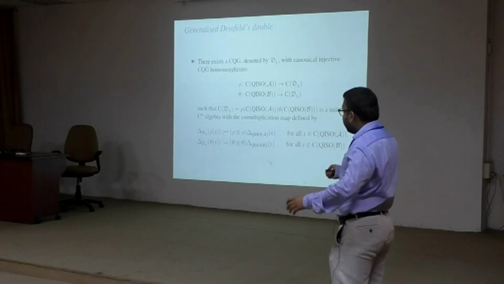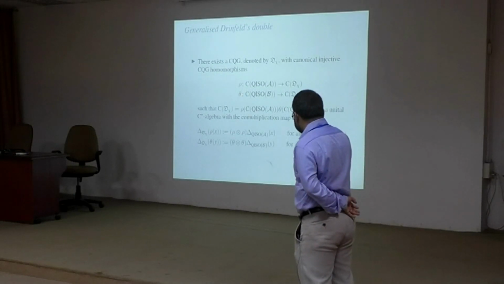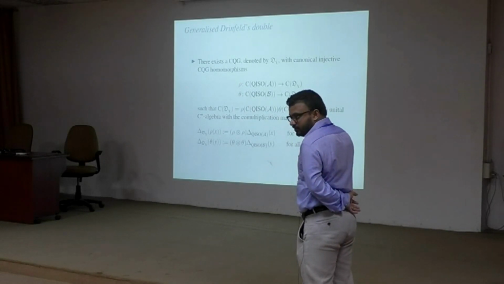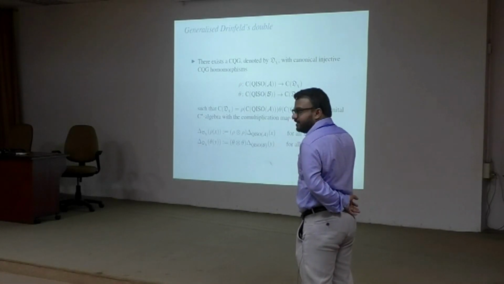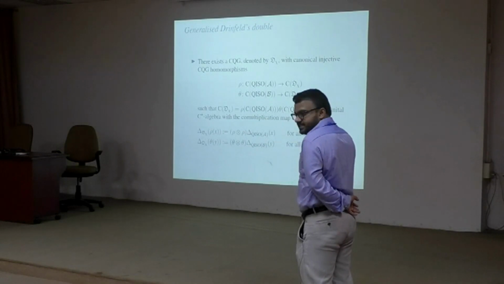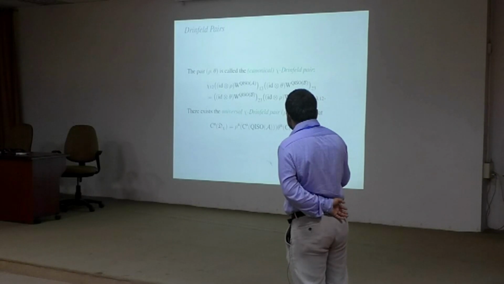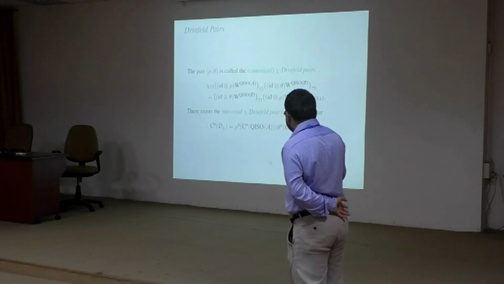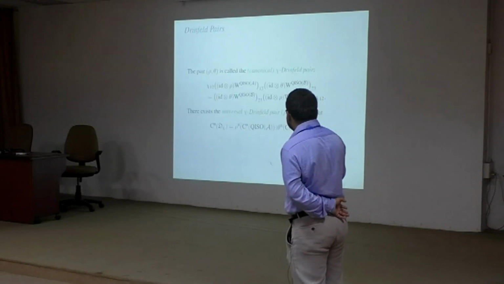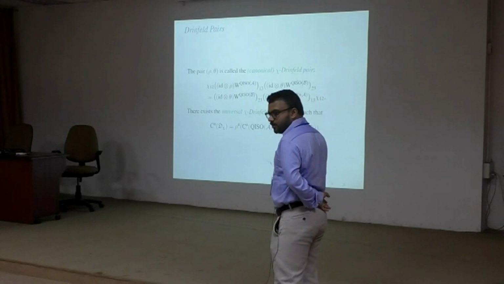So it is not guaranteed that rho and theta will commute. In general, they don't. So the algebra is twisted in a way, but the co-multiplication is not twisted. That is how it is viewed. And this pair of representations, rho and theta, is called a canonical Drinfeld pair. And what do I mean by that?